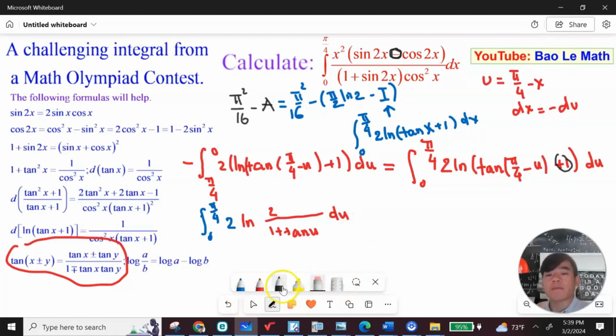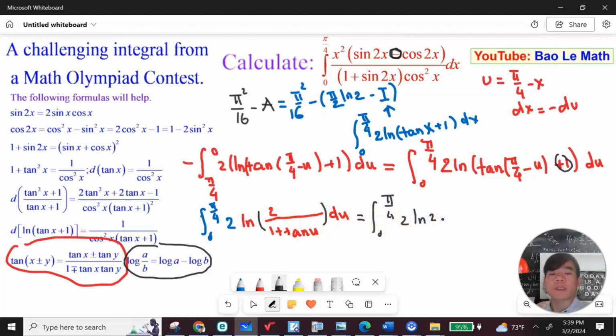So I keep applying the formula: log a over b equals log a minus log b. So equal to the integral from 0 to pi over 4 of 2 natural log of 2 minus 2 natural log of 1 plus tangent u, and all together it should be du.